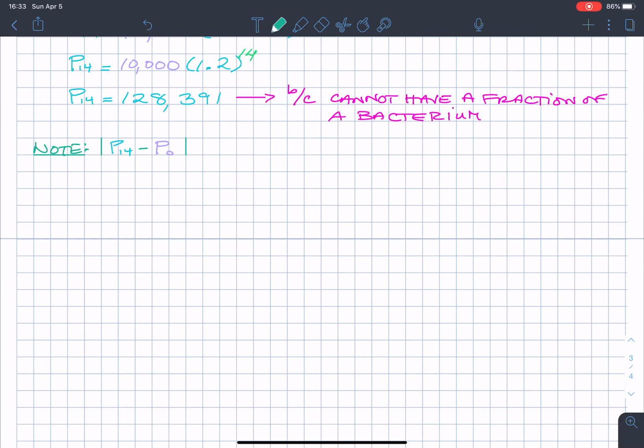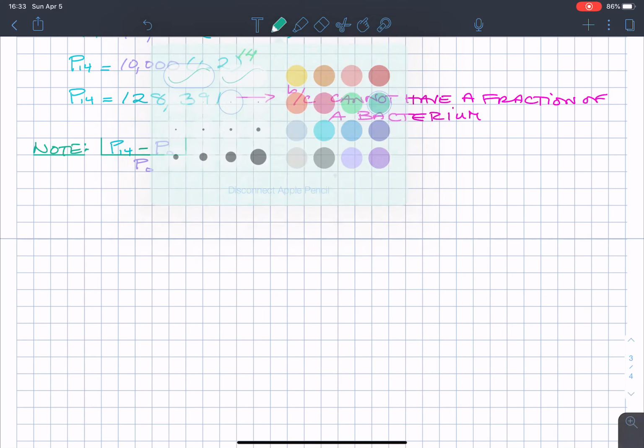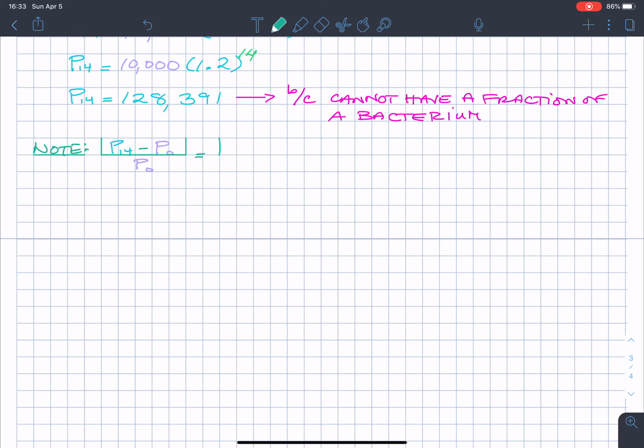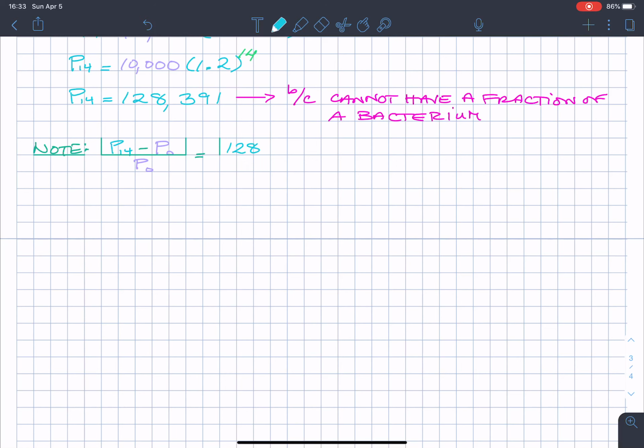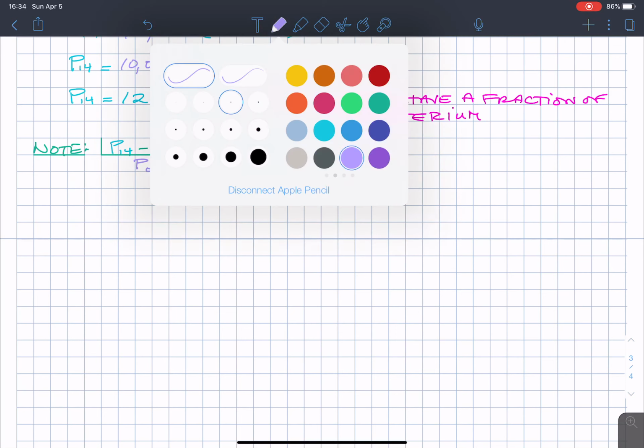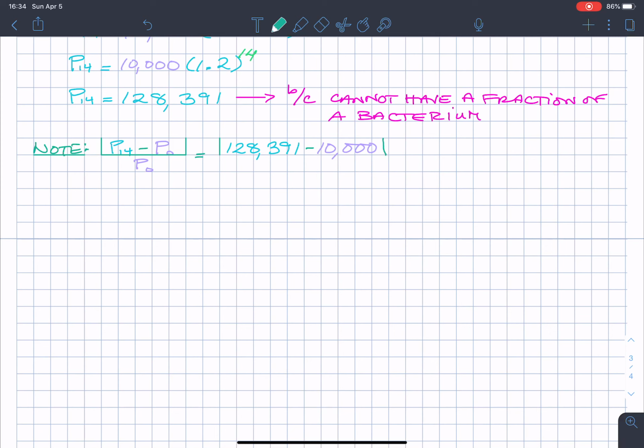Remember, relative change is with respect to the initial amount. What do I get? I get the absolute value of 128,391, from which I'm subtracting 10,000, and dividing that all by the initial amount, which is 10,000.